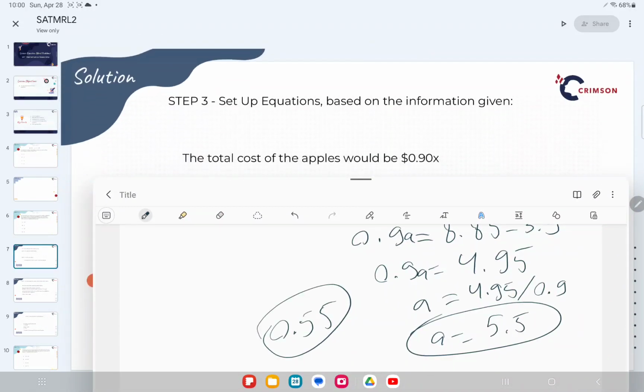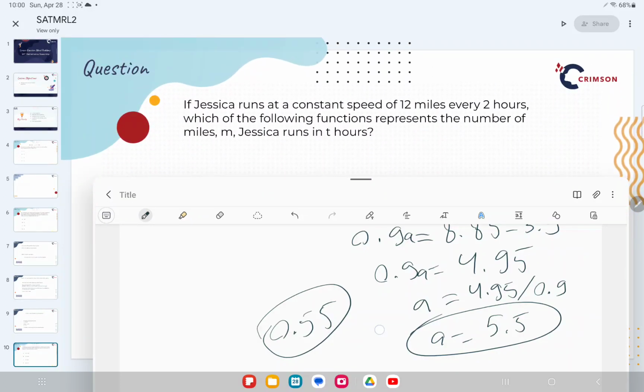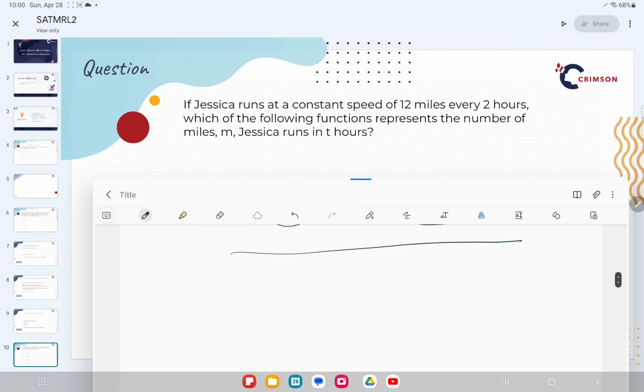Let's go on. So over here, Jessica runs at a constant speed of 12 miles in 2 hours.